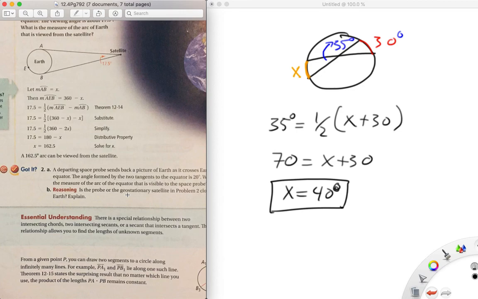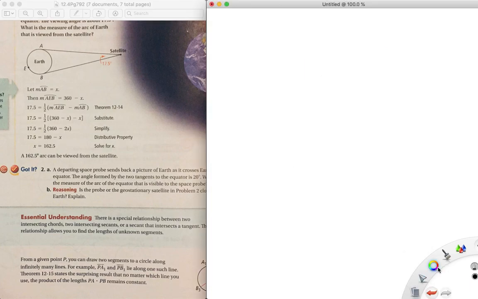All right, so this one with the satellite problem. They don't give us any of the arcs, but they give us that we have 2 tangent lines, and they give us the angle.